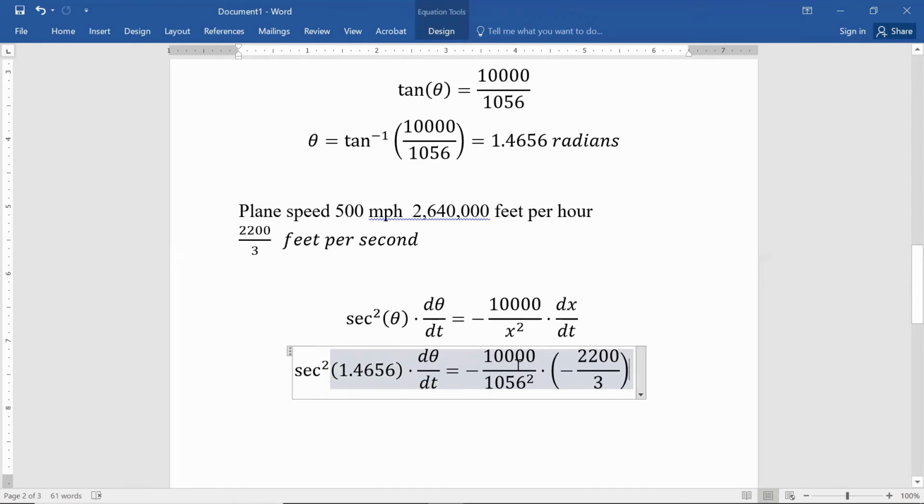So I take these numbers, 10,000 divided by 1,056 squared, negative 10,000 divided by 1,056 squared. I multiply it times negative 2,200 over 3. And then I divide by secant squared of 1.4656, or if I'm clever, I can multiply times cosine of 1.4656 squared.